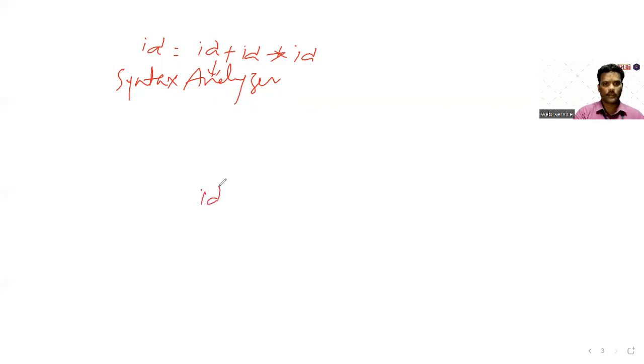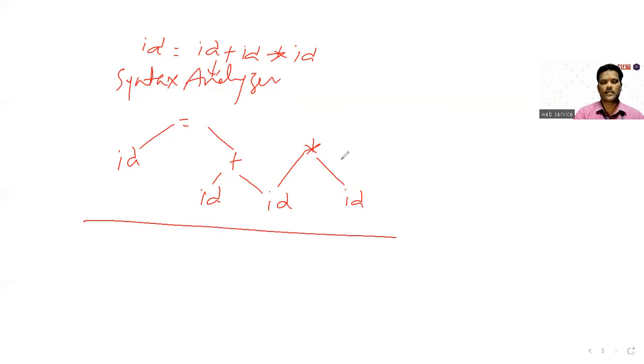Suppose ID plus ID, star ID, this is equals to ID. So ID equals ID plus ID star ID. This is the parse tree generated by the syntax analyzer.